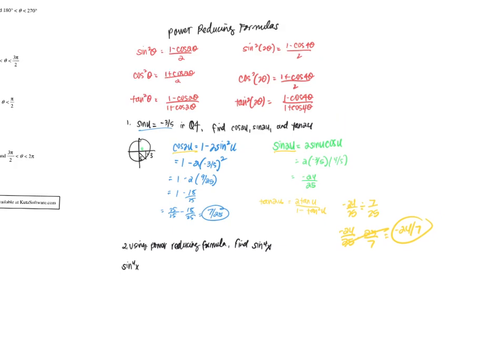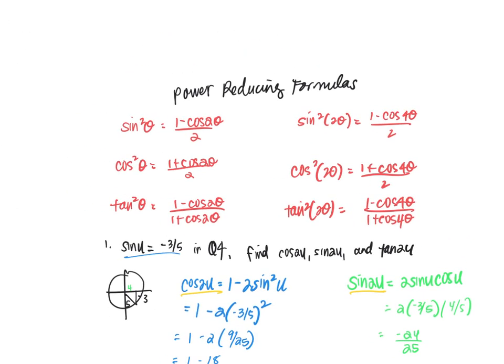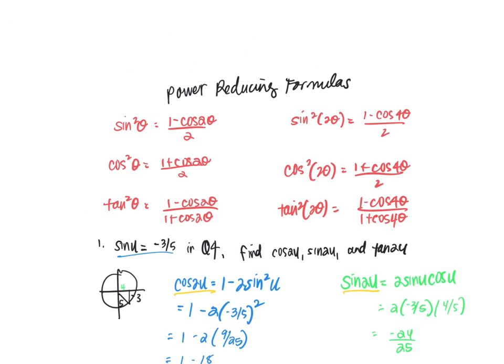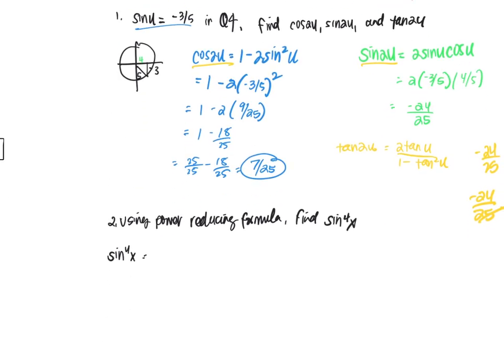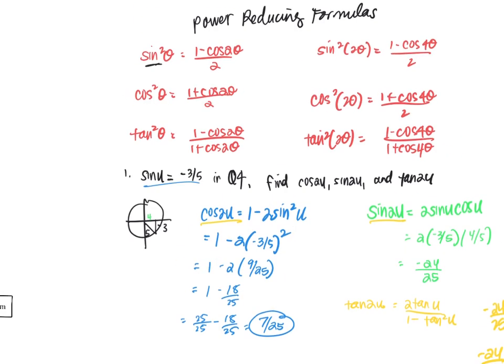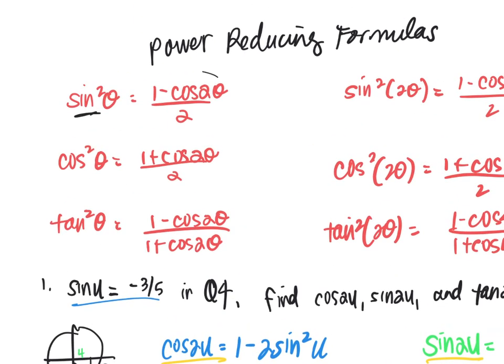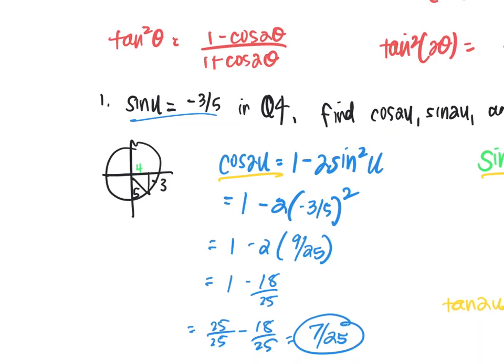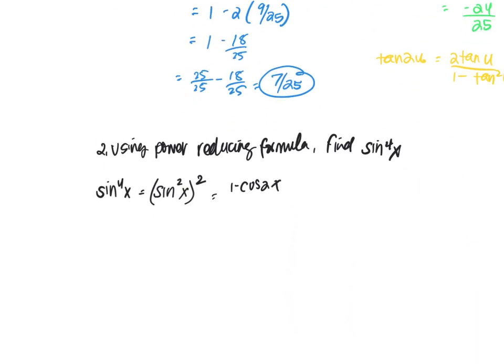Looking back at our formulas, we don't have any sine to the 4th, but I do have sine squared, and I could just say sine squared squared is sine to the 4th. And then I could take this formula, 1 minus cosine 2 theta over 2, and plug it in there, and then it's squared.